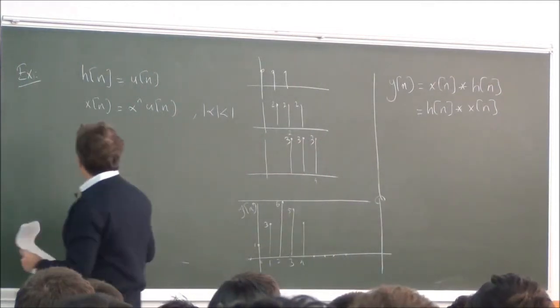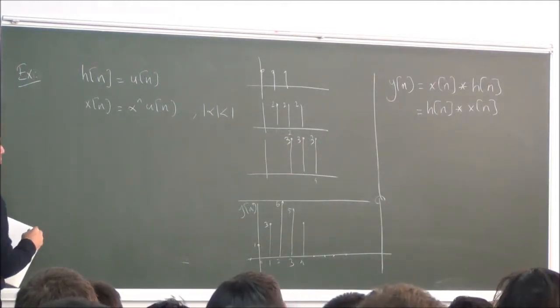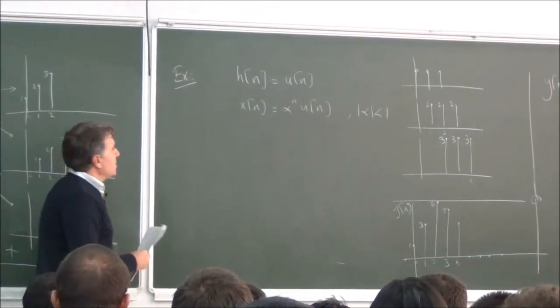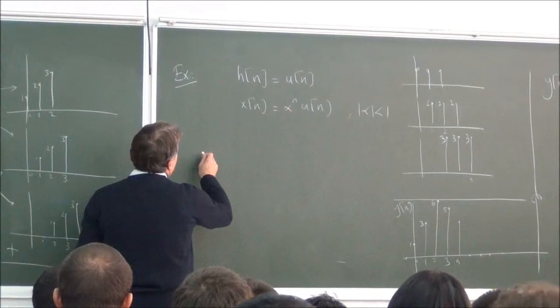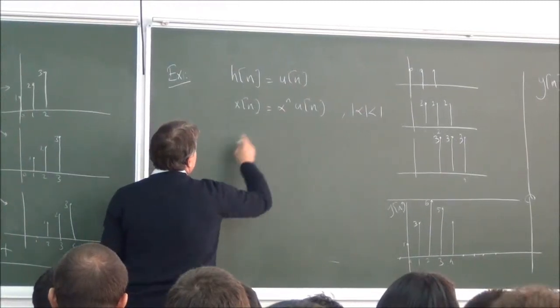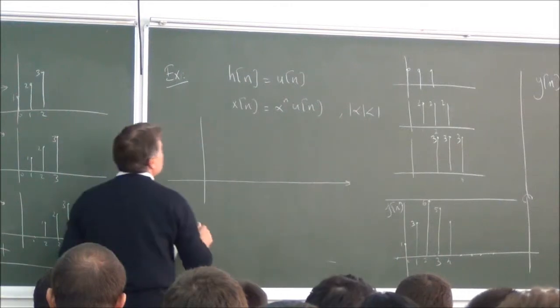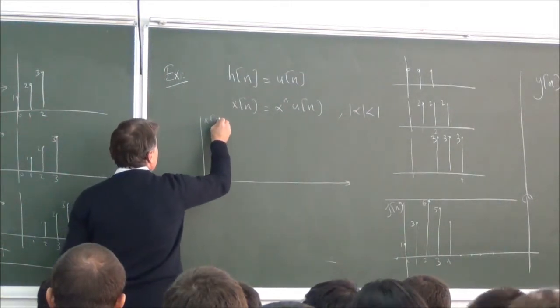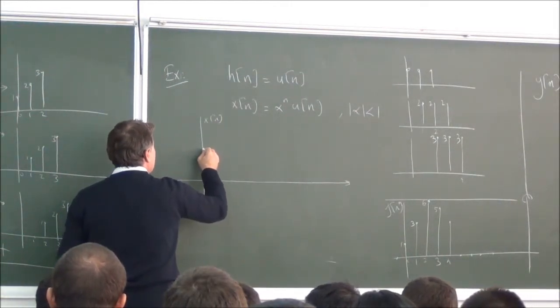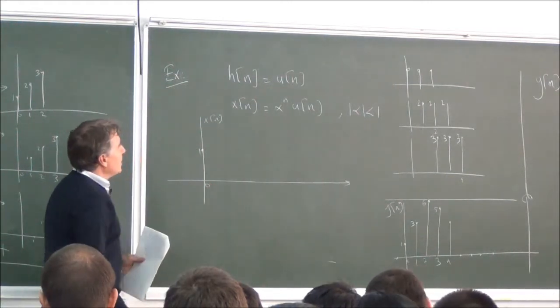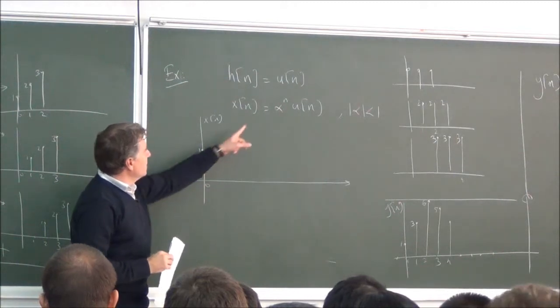Then, how can we determine the output, or can we write a compact form of this expression? Alpha to the n u of n. What is that? First, try to visualize this x of n. It's a 1 at 0, because alpha to the 0 is 1.